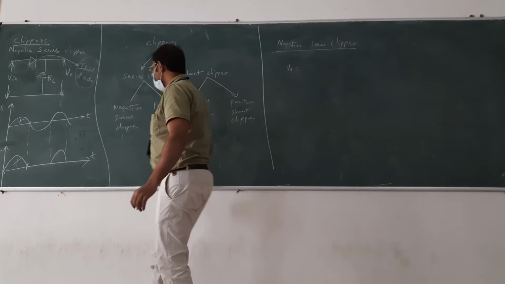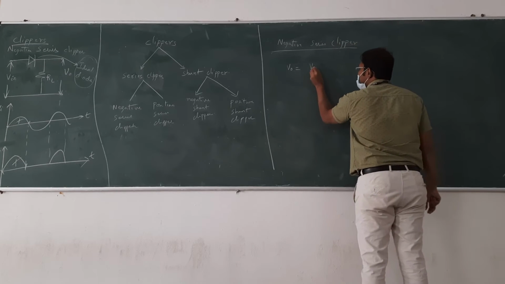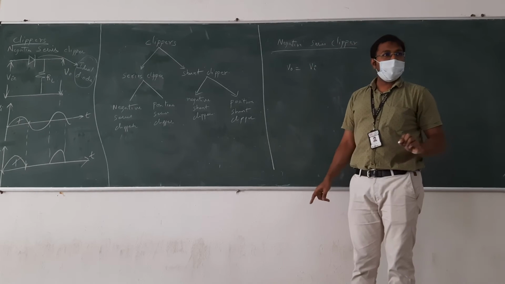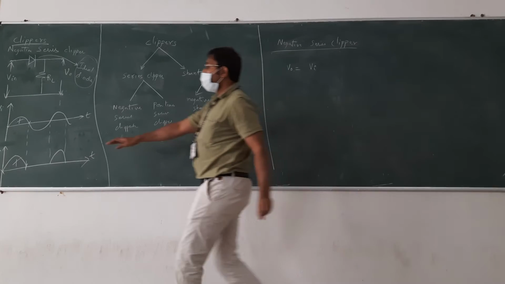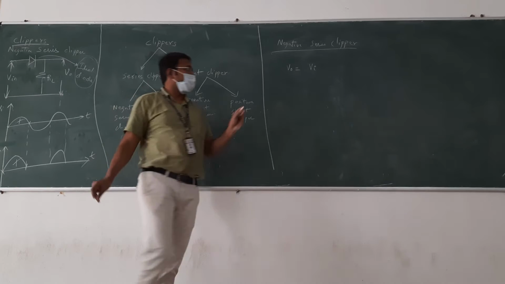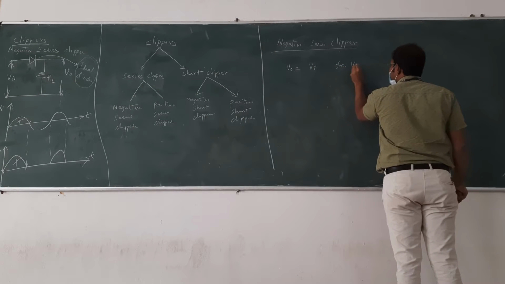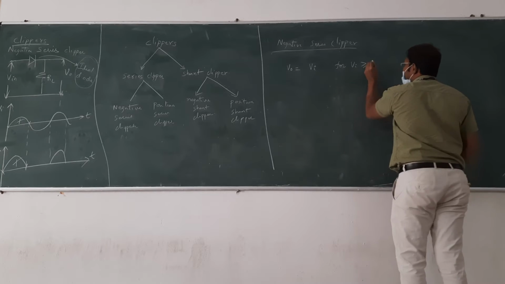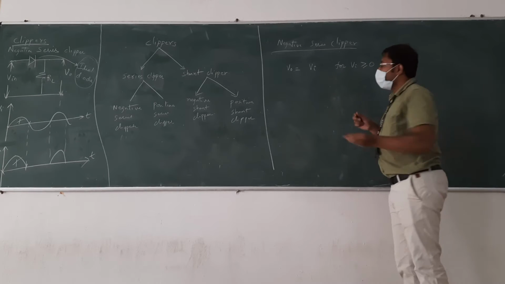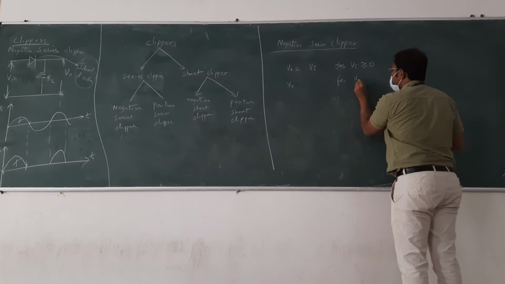So what is V0 here? V0 is equal to Vi when Vi is positive or negative? Very good. For Vi greater than or equal to 0. What is V0 for Vi less than 0?